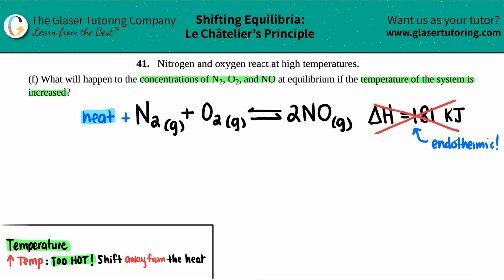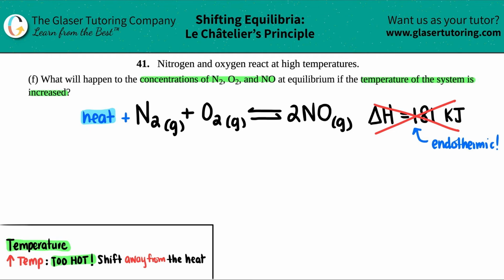So they told us that the temperature was increased. So here's the Le Chatelier's principle information that we need. If you increase the temperature, it's going to get hotter and hotter, and it's going to get way too hot. Think about a really muggy, high humidity summer day, in which you'd much rather be inside. I would much rather be inside.